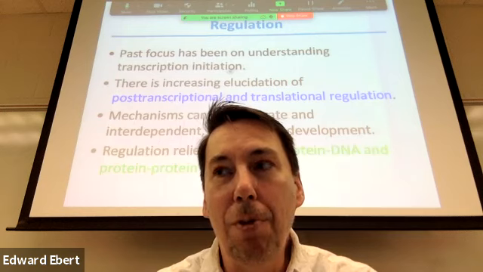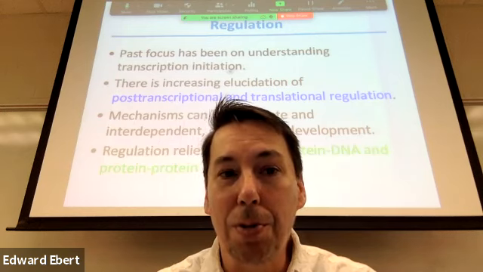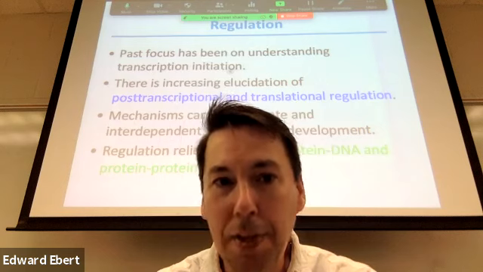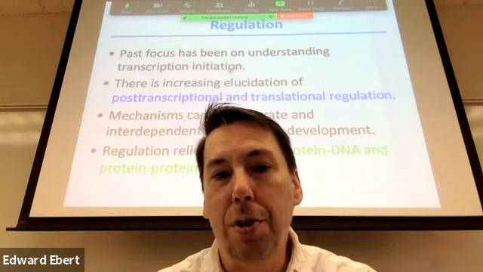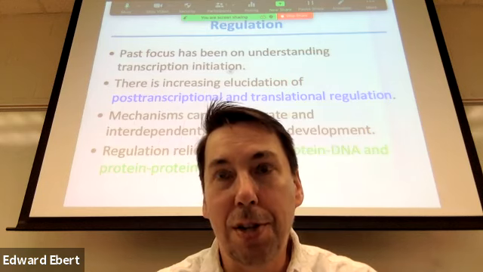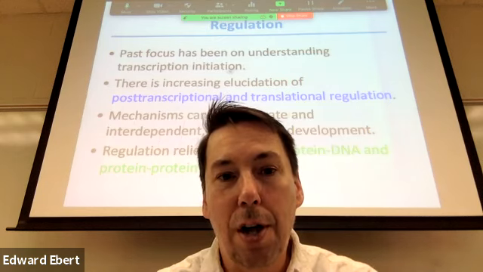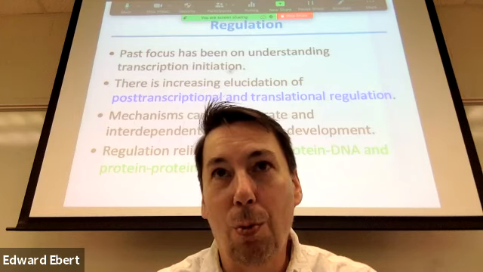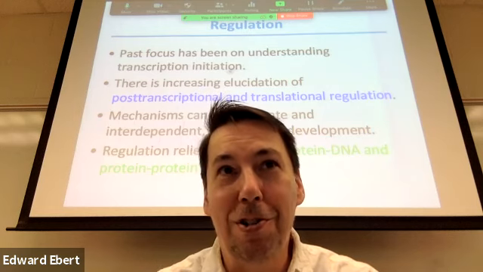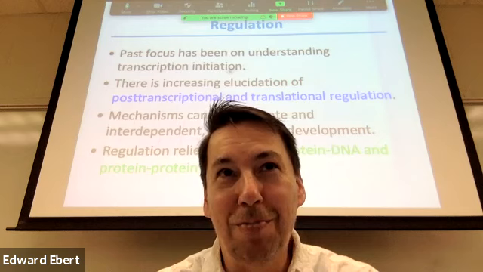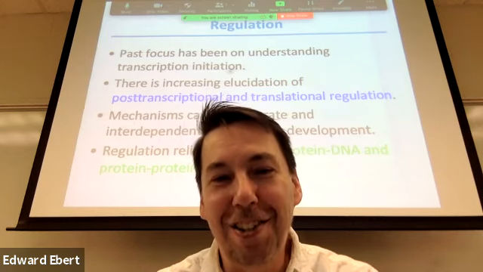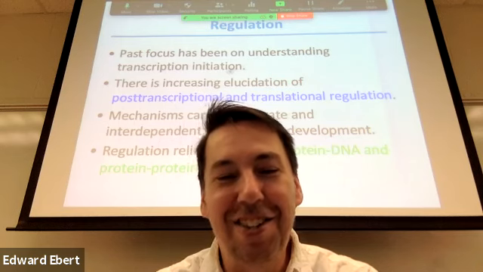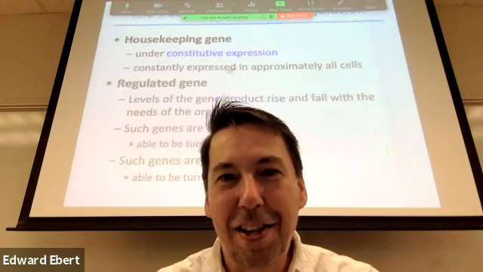A lot of what we focused on in the past has been transcription initiation, but it looks like post-transcriptional and translational regulation are something that cells tend to do a lot as well. So we can often have some really elaborate regulation. If you thought regulation of the metabolism for the TCA cycle or the urea cycle was crazy, you can just get lost in all this.